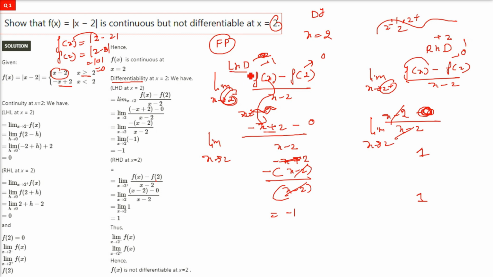When we put 2 minus h and 2 plus h, again you'll find that it will be not equal. So since the left hand derivative and right hand derivative are not coming equal, the left hand limit and right hand limit were equal, they were 0. But the left hand derivative and right hand derivative, they are not coming equal, they are negative 1 and 1. So f(x) is not differentiable at x equals 2.